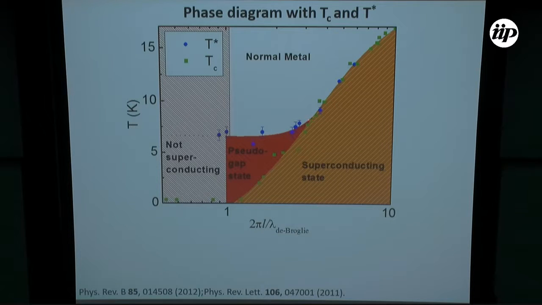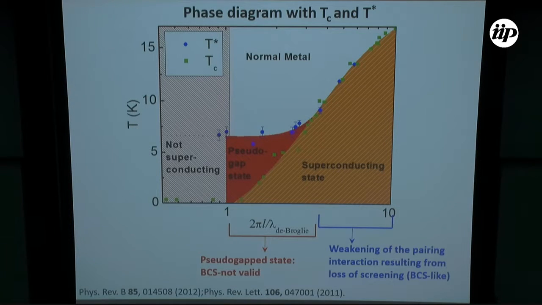But as you go to stronger disorder, for samples below 6K, this T star tends to saturate here, and you have a pseudogap region here where you have a signature of a gap in the electronic density of states, but no zero resistance. So we believe that this is a region where you have a phase disordered situation.